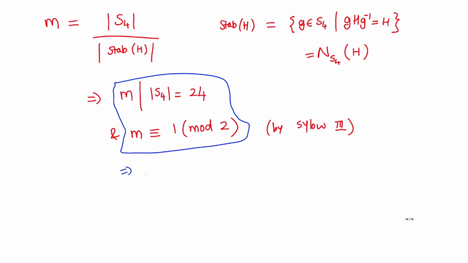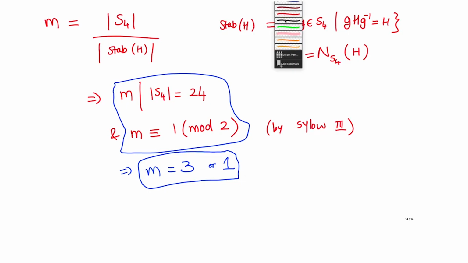What does that mean? What are the odd divisors of 24? They can only be 1 or 3. But as we did last time as well, M cannot be 1, because if M is 1, that will tell you that H is normal.